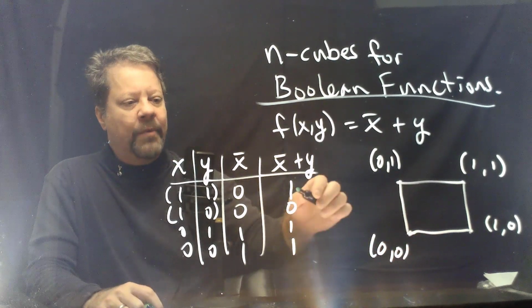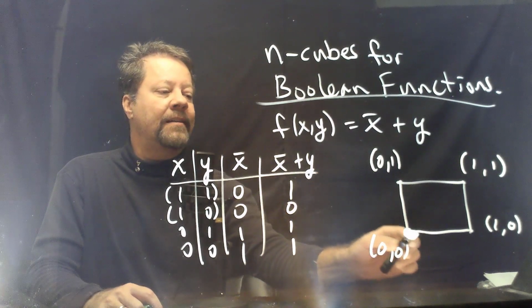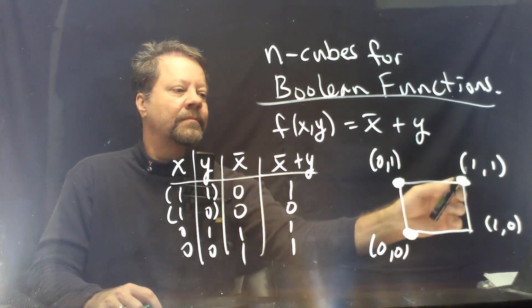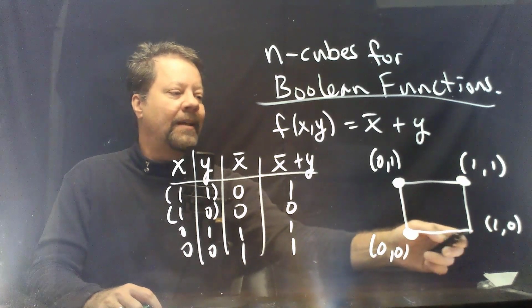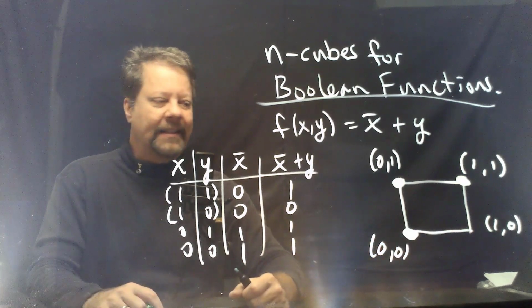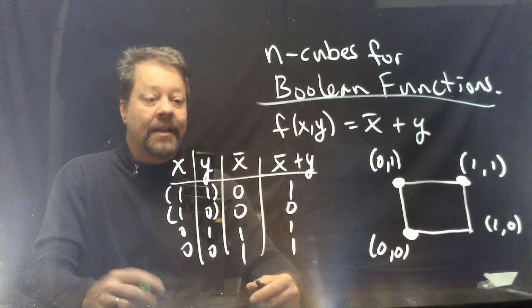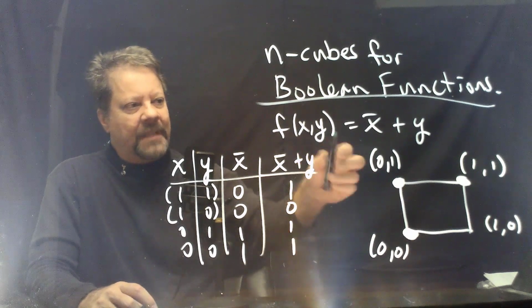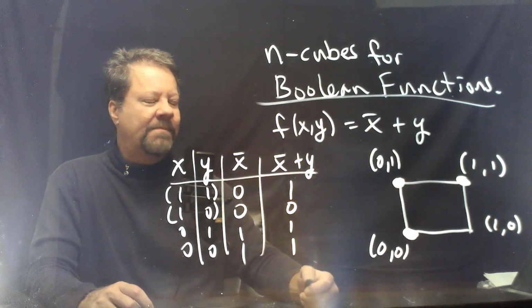Then, everywhere we see a 1 in this table over here, we will shade that vertex. The only one that doesn't get shaded is 1, 0. And so it's left just as a corner like this. This is our n-cube, in this case a 2 cube, for the Boolean function x complement plus y.